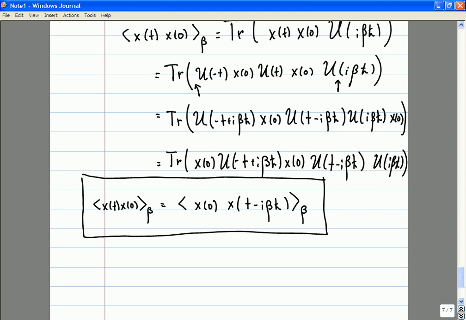In particular, regarded as a function of t, so let's call this g of t, then g of t is periodic in imaginary time.